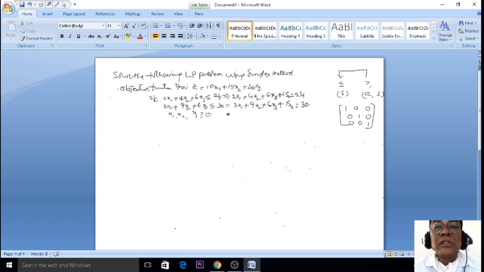So this is equal to x1, x2, x3, s1, s2 greater than or equal to 0.